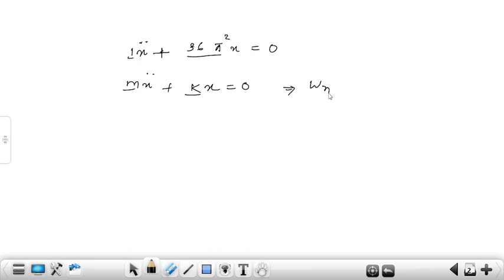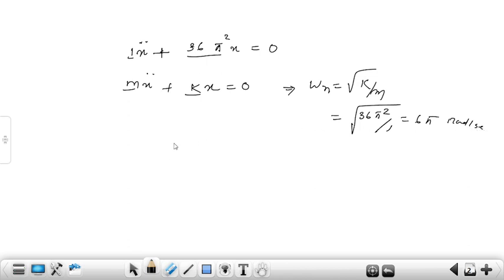So we know omega n is equal to root over of k by m. So k is 36 pi square divided by 1, root over of which is equal to 6 pi. This is radian per second.